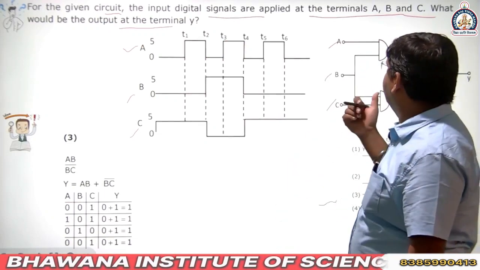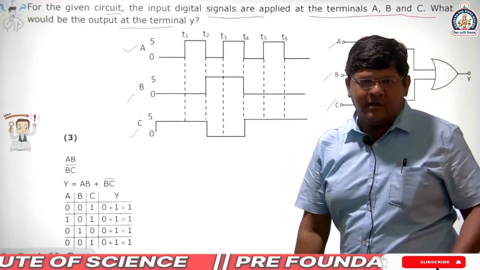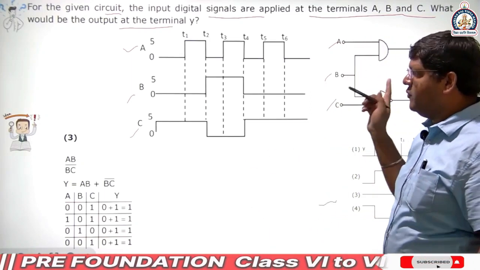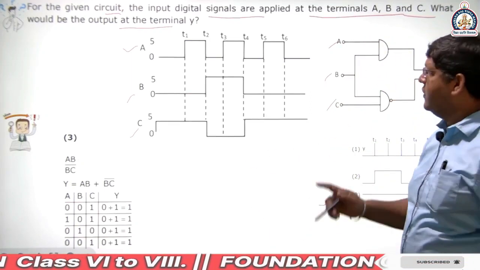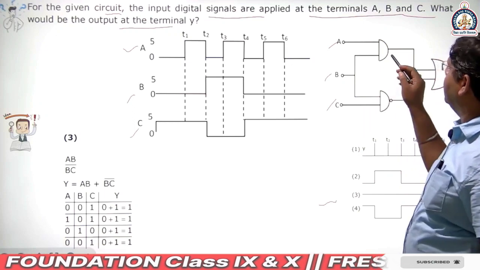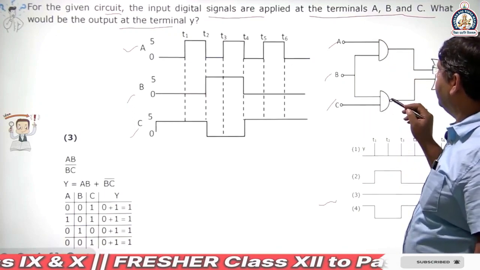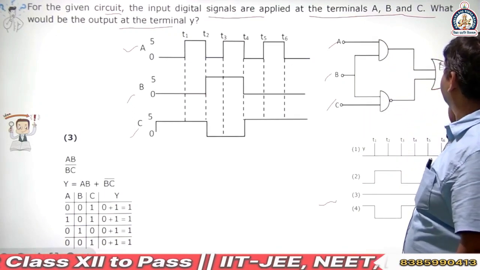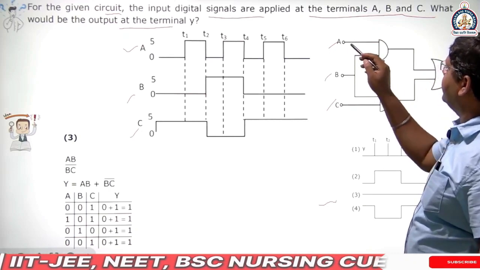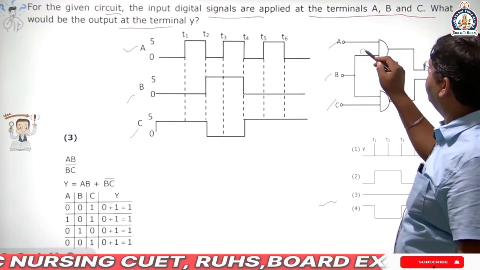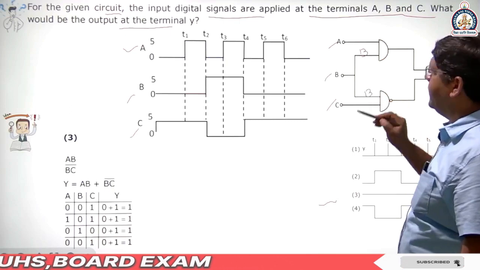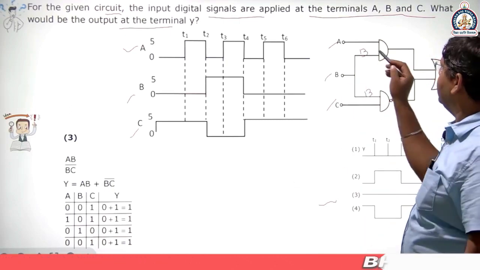For this type of question, firstly we have to solve the equation, then we have to put the values. So how to calculate the equation? This is an AND gate, this is a NAND gate, and this is an OR gate. So this input is A, this input will be B, and this input will be B. So this is an AND gate.